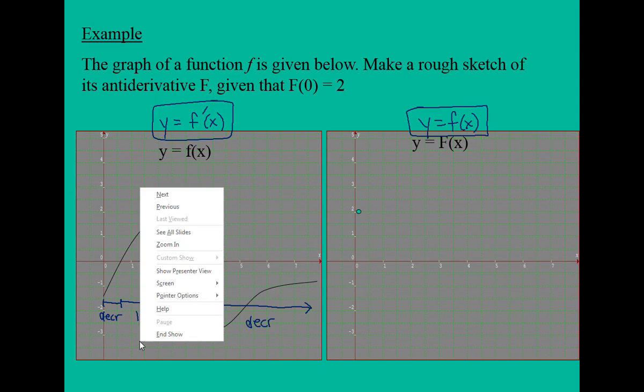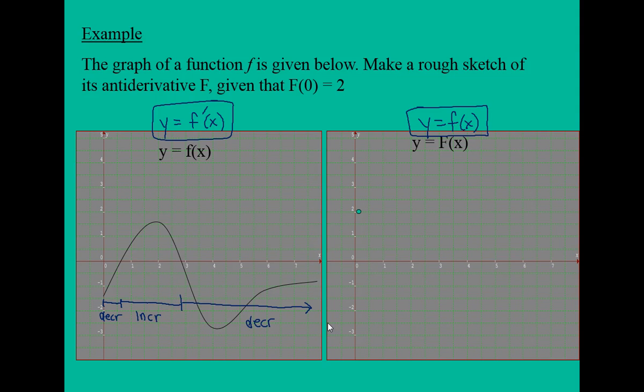Now, what else does the derivative graph tell us about the antiderivative? Well, if the derivative of a function equals 0, which it does here and here, we know that if we set the derivative equal to 0, we can then determine critical numbers and we can find any local max or mins.